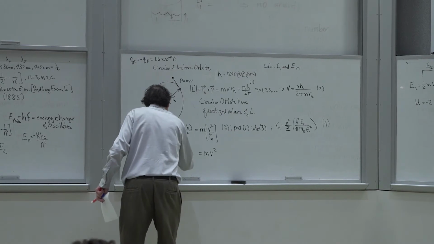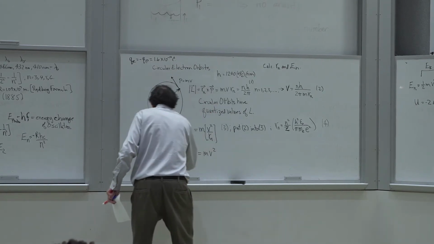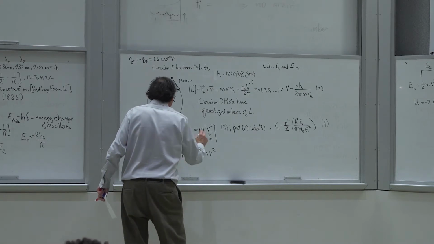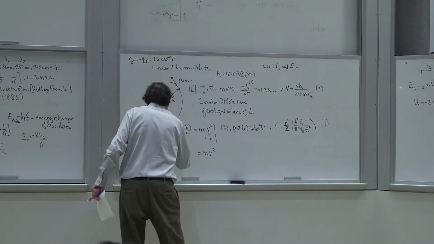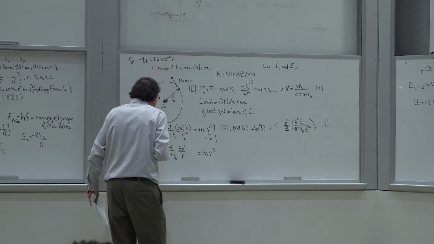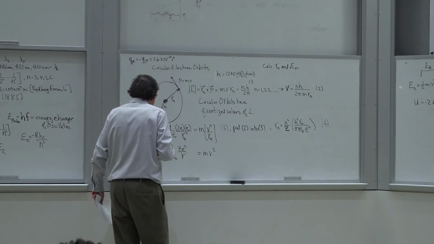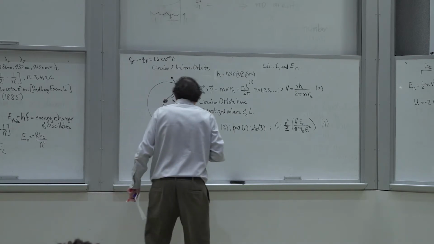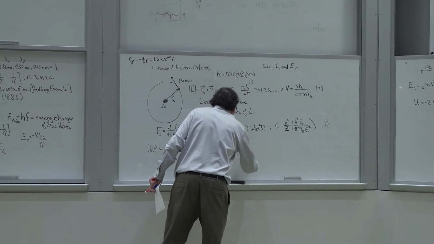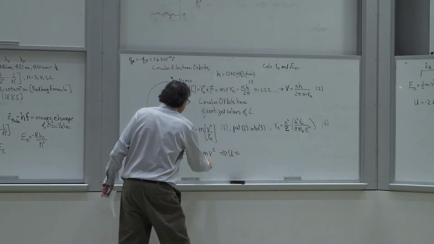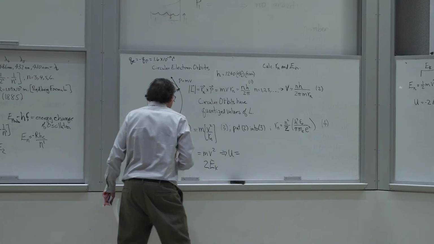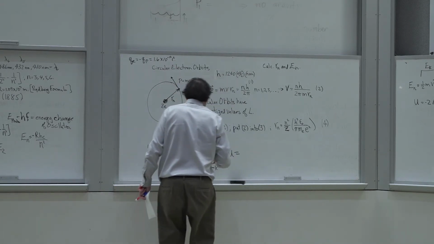And this is the potential energy, U of r, well, with a minus sign in here, because the force is radially inward. So what I then get is that this quantity right here is twice the kinetic energy.